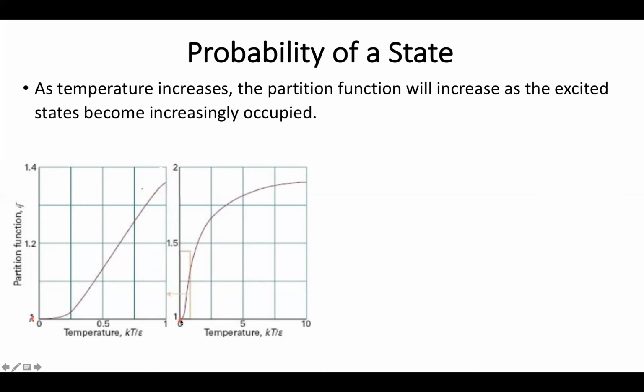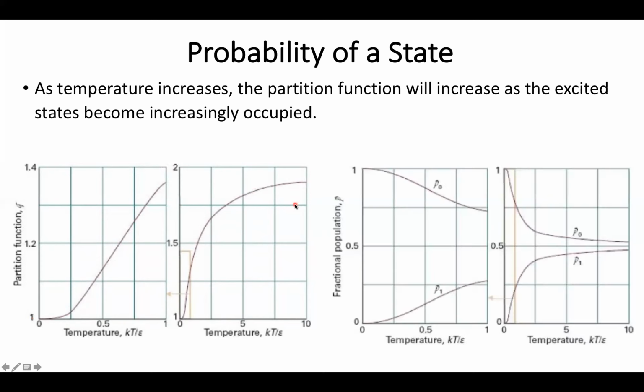However, it is worth noting that at a certain point, we start to see a linear sort of increase. And eventually, what we're going to find is we reach a plateau, because no matter how much I increase the temperature, I'm still always going to favor that ground state a little bit more. And we can also see this by looking at what fraction of the population is in the excited state versus the ground state. Again, at low temperatures with respect to the energy gap, everybody's in the ground state.